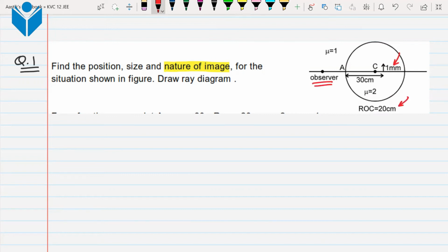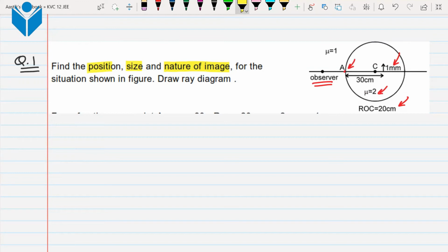The radius of curvature of the surface is 20 centimeters. Refractive index is mu, and the distance of the object from the pole, which is A, is given as 30. You have to tell me what is the position, size, and nature of the image. I hope you can do this.